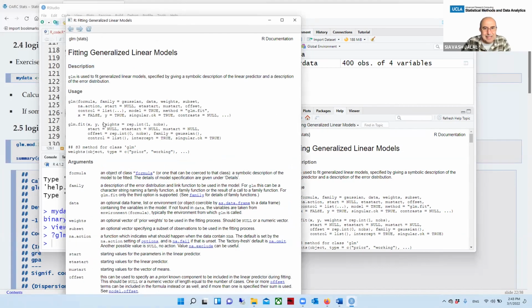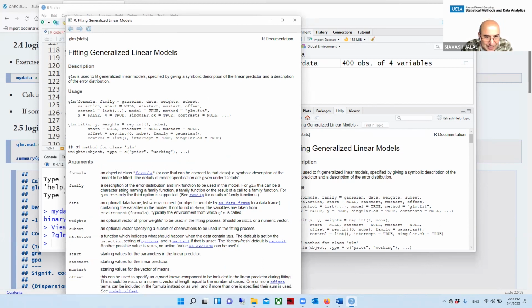I cannot make it larger, but hopefully you can see. You can just do it on your computer and see it. So there is a formula and family. Gaussian is the default, right? Gaussian means normal. And then there is a link function.